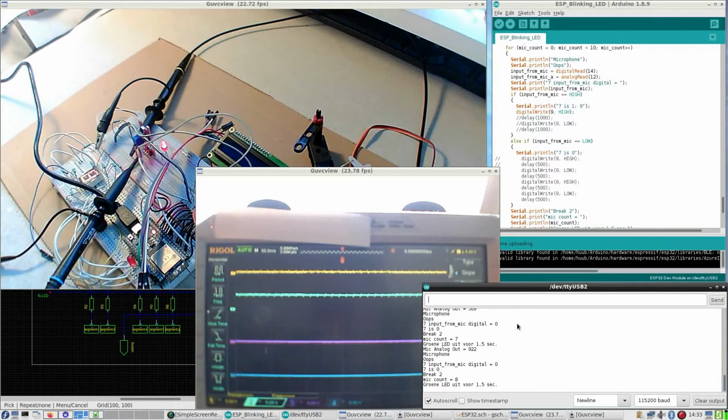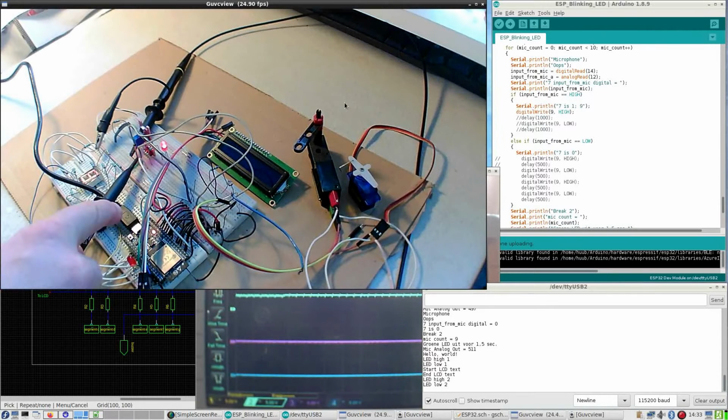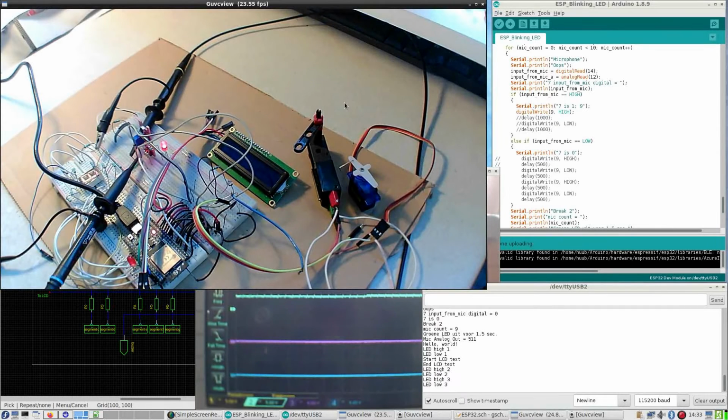Given that idea, how should I do it then? Apart from changing something with the GPIO here, which could be possible, but I don't think that the solution is at that point.